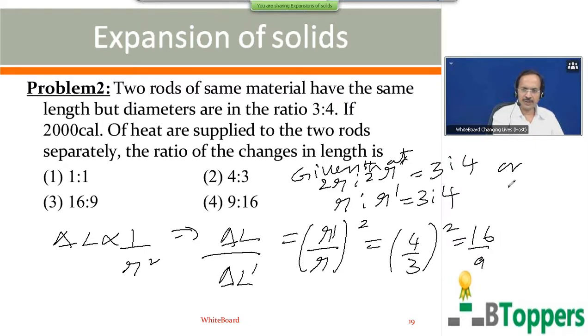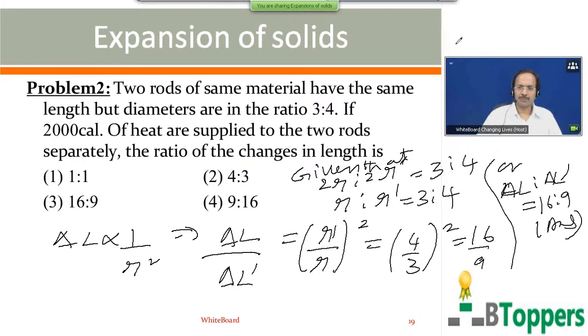So the ratio of the change in the length of the first rod and the change in the length of the second rod will be 16:9. So that's the answer for this problem number 2.